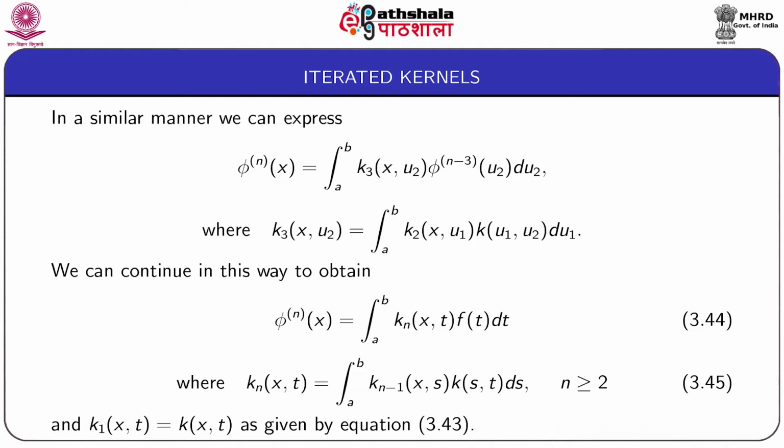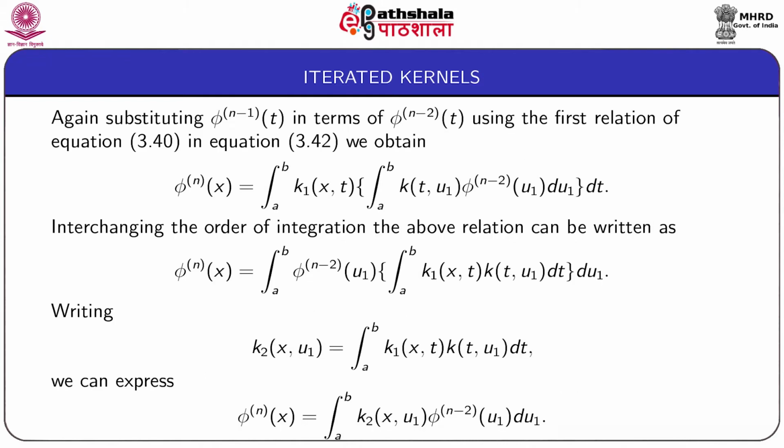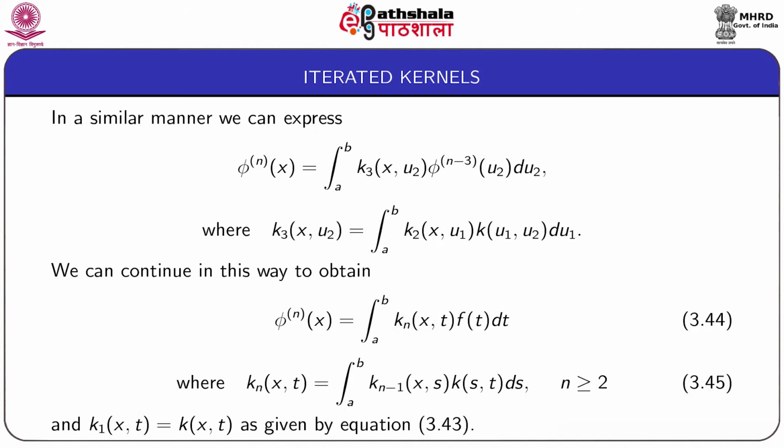In a similar manner, we can express phi superscript n minus 2 (u1) on the right hand side of this expression in terms of phi superscript n minus 3 (u2) as phi superscript n (x) equal to integral a to b K3(x,u2) phi superscript n minus 3 (u2) du2, where this K3(x,u2) is equal to integral a to b K2(x,u1) K(u1,u2) du1.